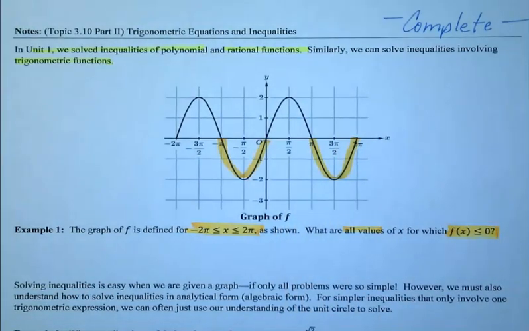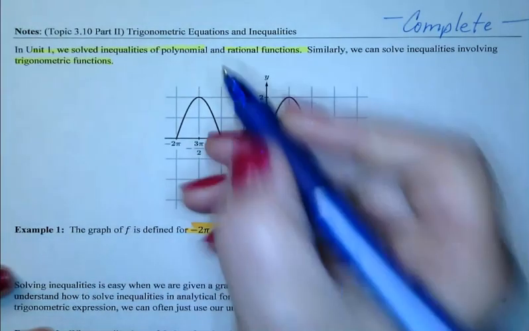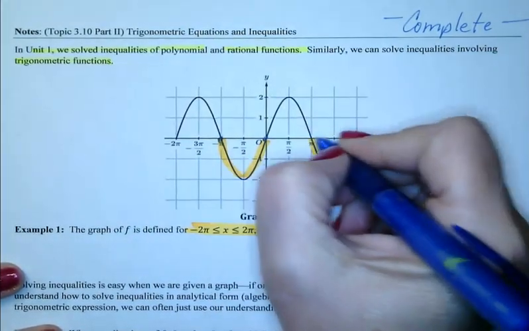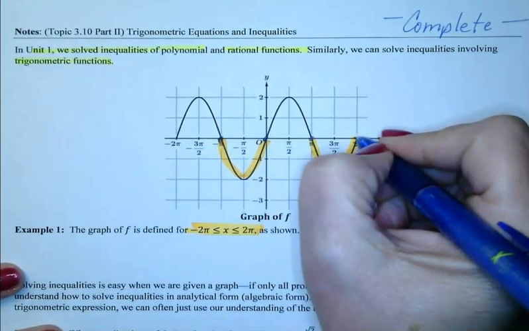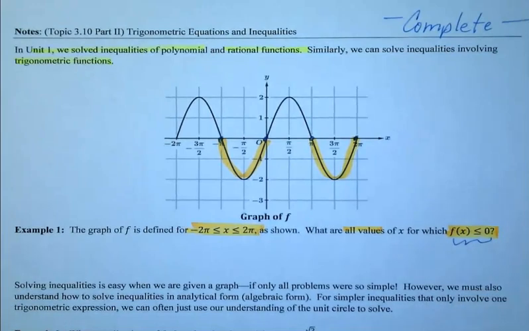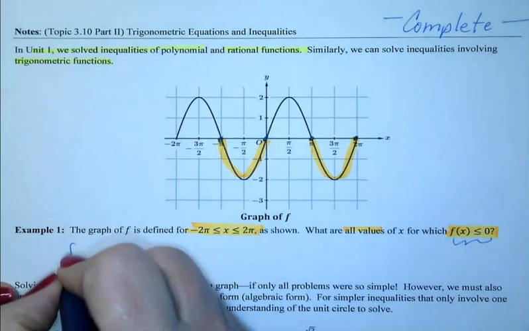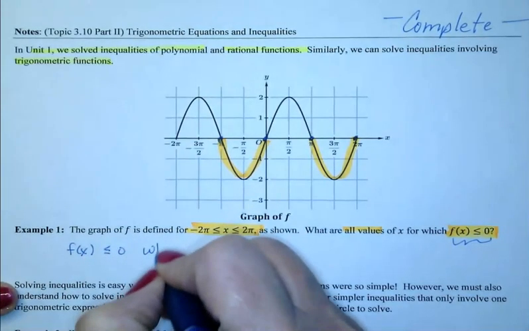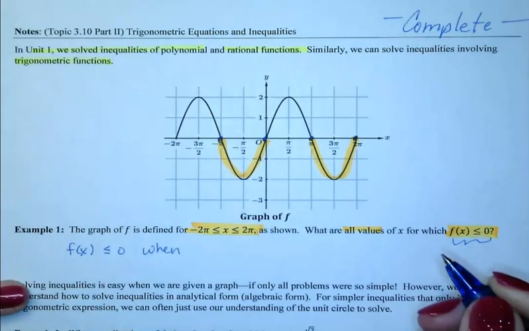And remember, it did say or equal to, so I'm also including the point here, and here, and here, and here, because of this notation right there. So then if we're going to write an inequality for that, f of x is less than or equal to 0 when what is true?